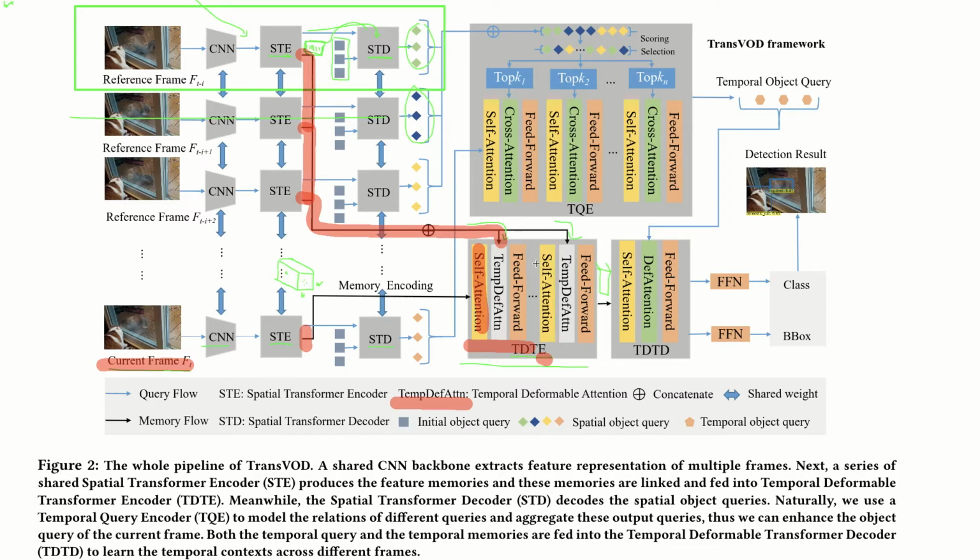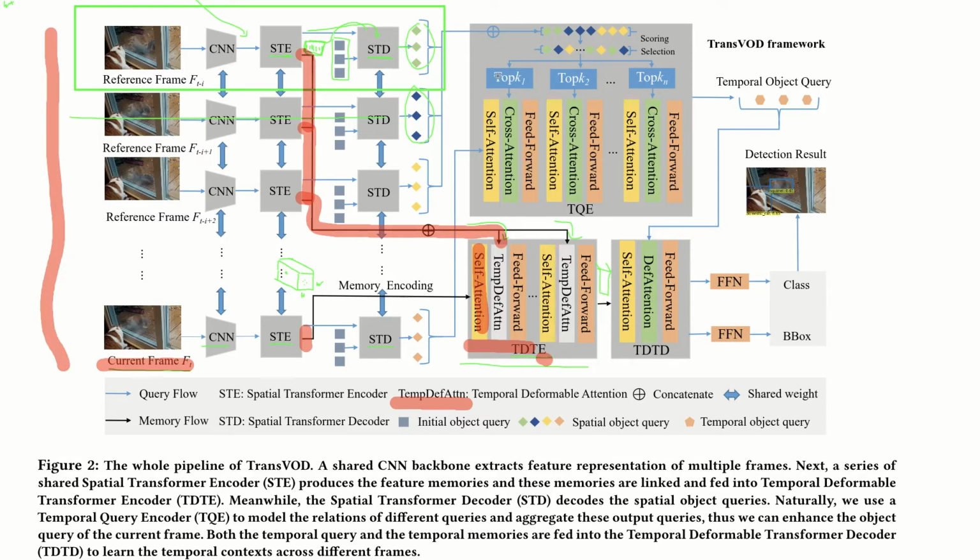We can stack this block multiple times, and the output is a feature-rich feature map of our image, which also contains temporal information across all the other frames.